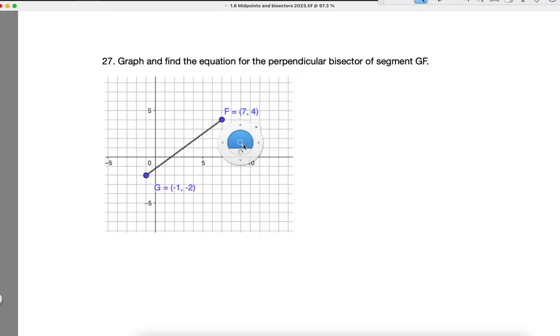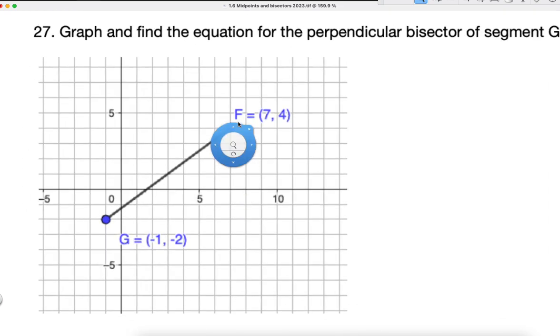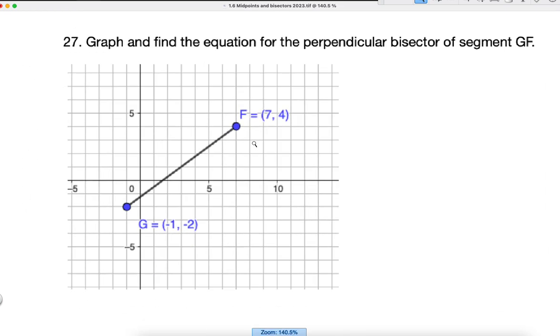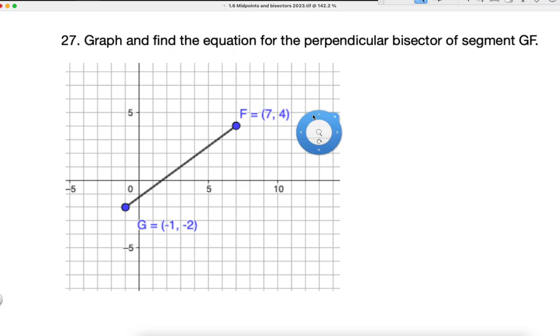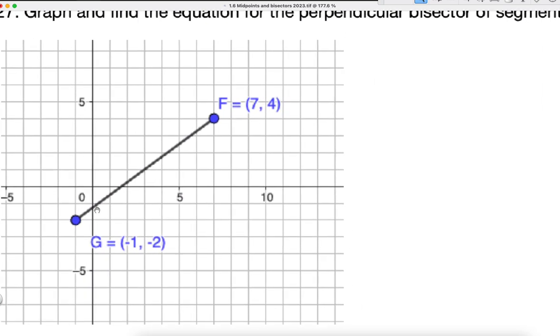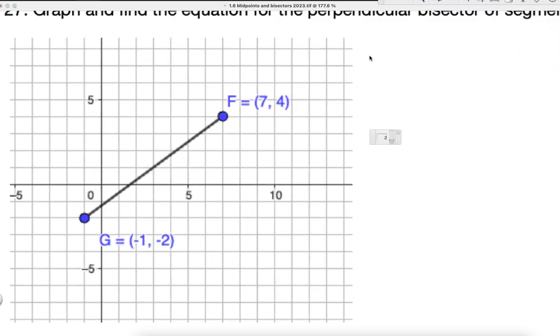And this last one right here: find and graph the perpendicular bisector of segment GF. Okay, so we need to find the midpoint first, right? Find the midpoint of this segment. And the way we do that is 2 ways. We can use the midpoint formula or we can count.